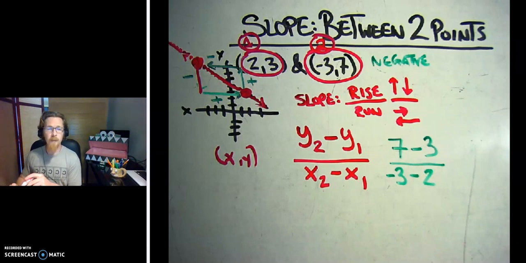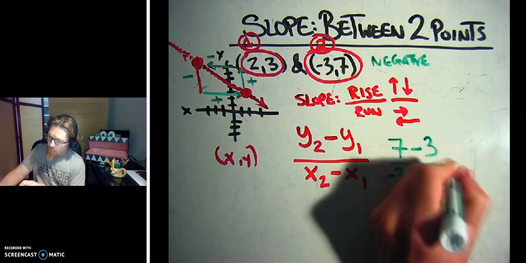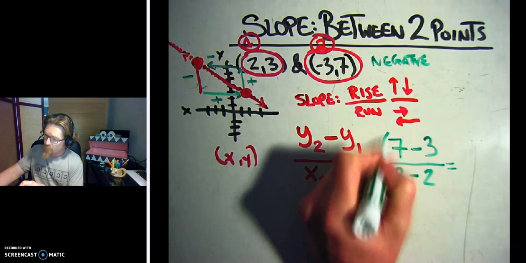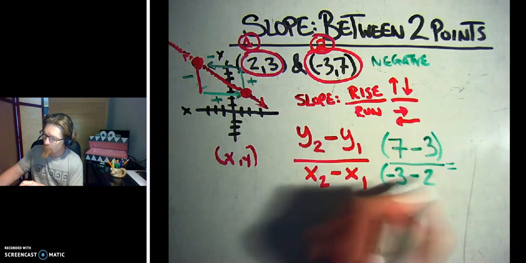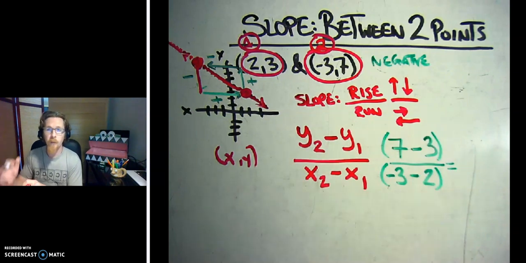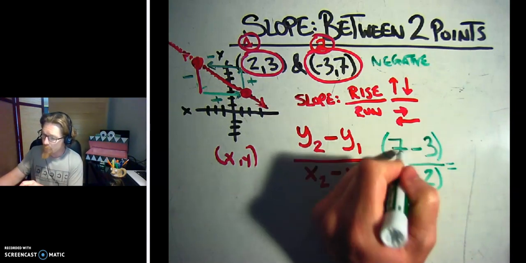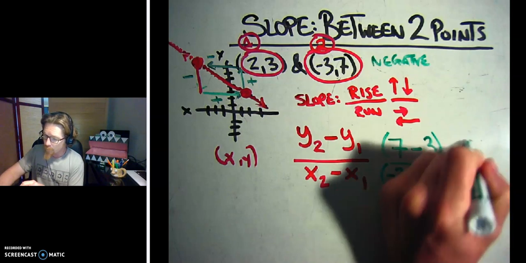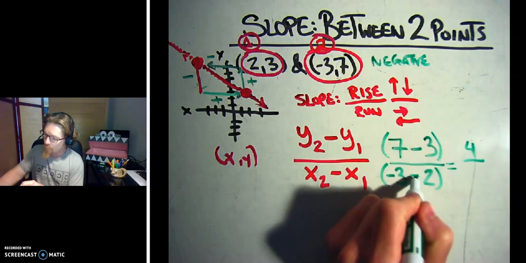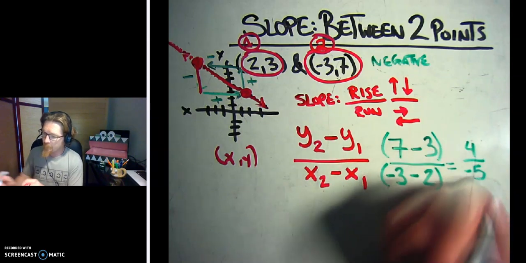And now, because this is really a division problem and there is subtraction in both the numerator and denominator, the order of operations says that we simplify the numerator and denominator as much as we can before we do the division. So we're actually going to do the subtraction. 7 minus 3 is 4, and negative 3 take away 2 is negative 5.